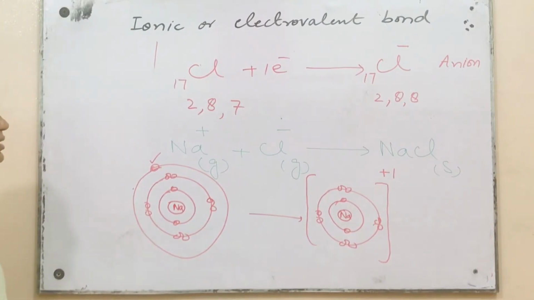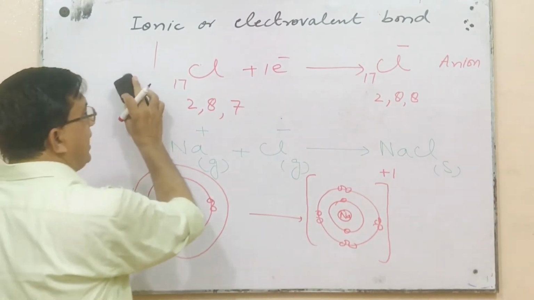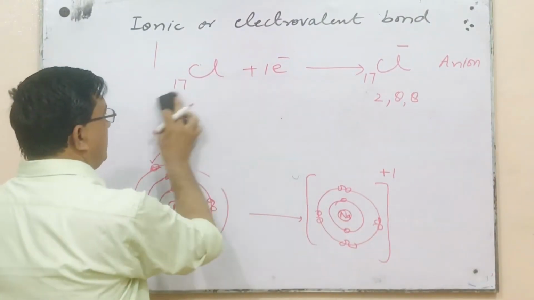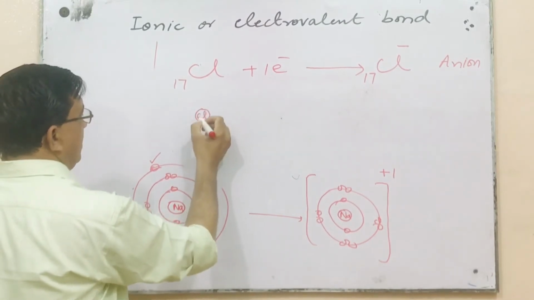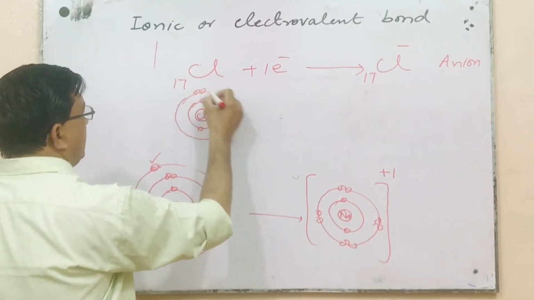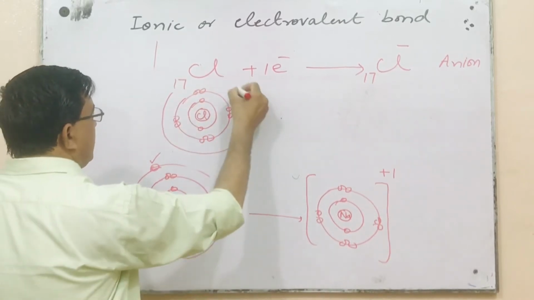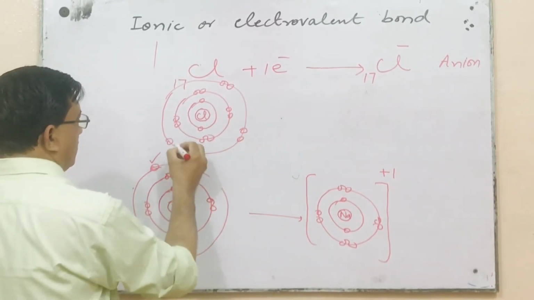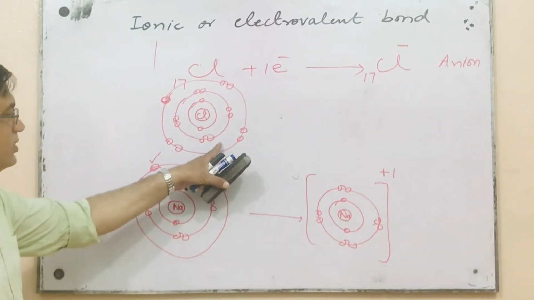In a similar manner, chlorine and chloride formation can also be represented as, look at this. For example, if I represent chlorine, this is Cl, first shell contains 2 electrons, second shell contains 8 electrons, and third shell contains how much? 7 electrons. Now, only 1 electron is short.